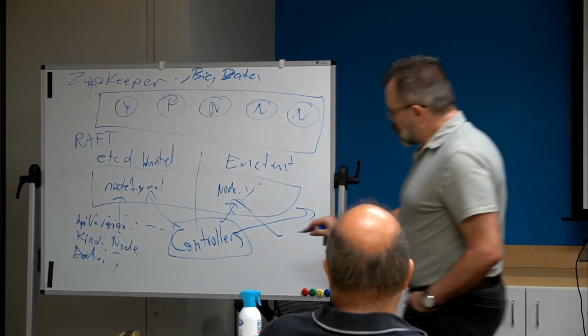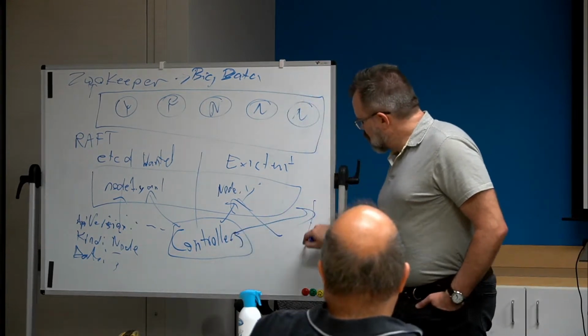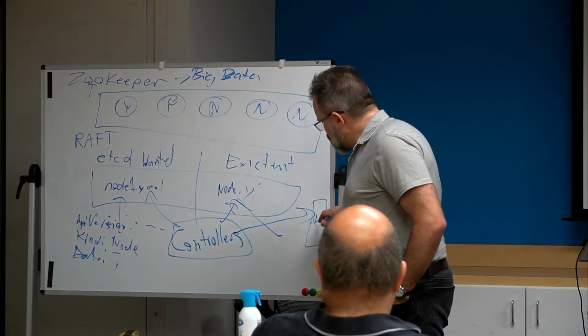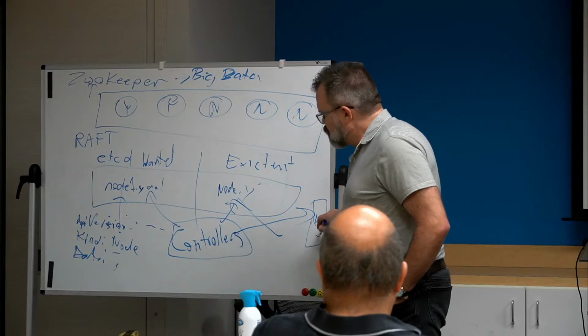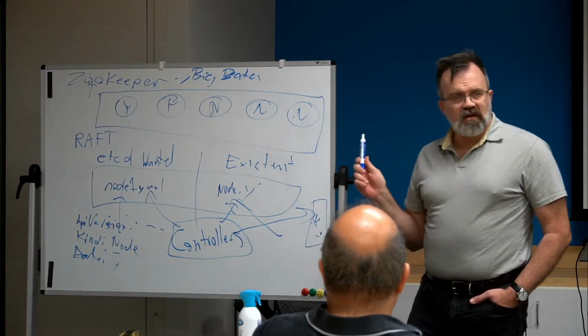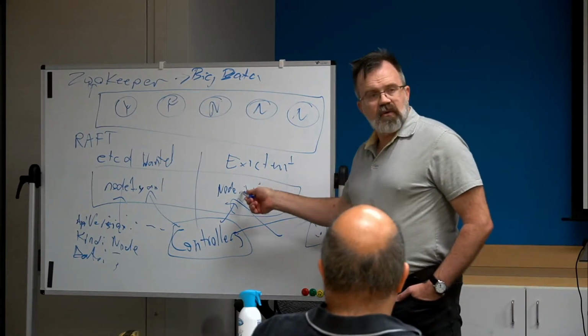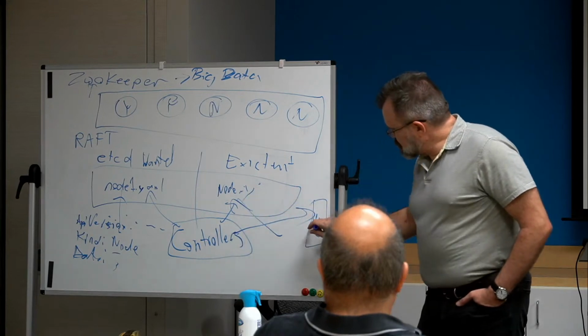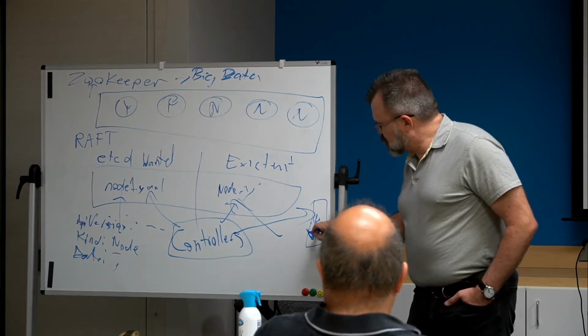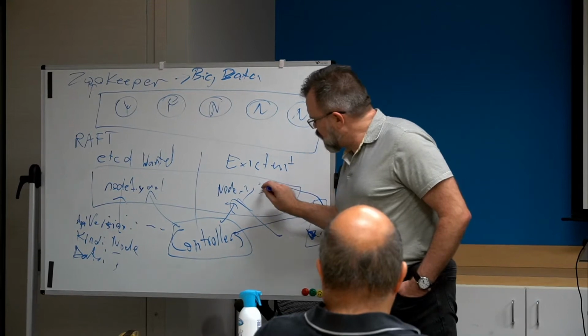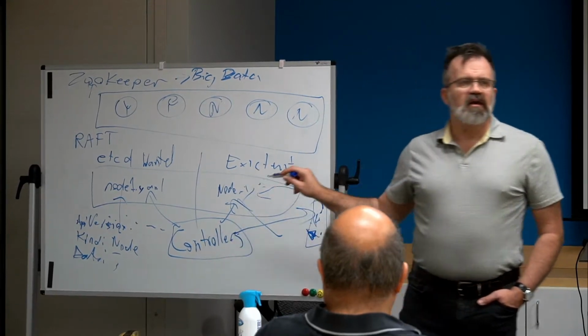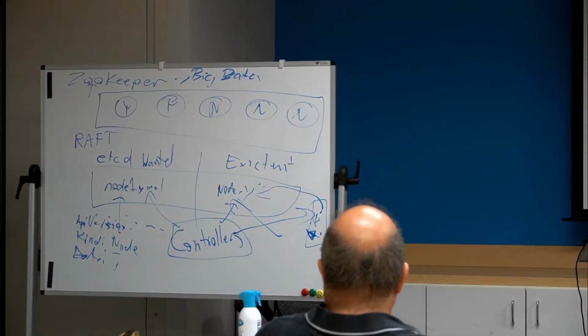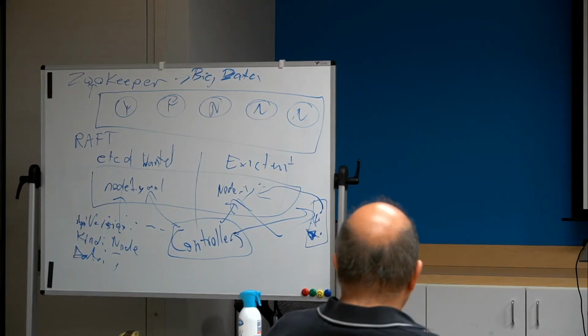Remember, the controller does not call one of these kubelets over here in order to set this value. It sets a value inside the kubelet through the API, and then the kubelet has to report back its updated status whenever its status updates, if its status updates.